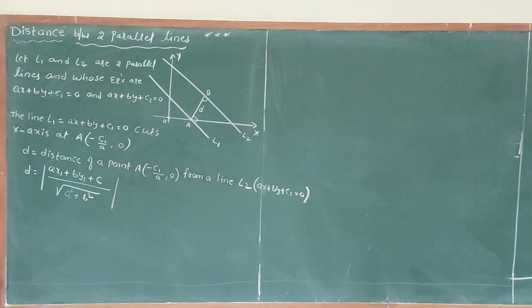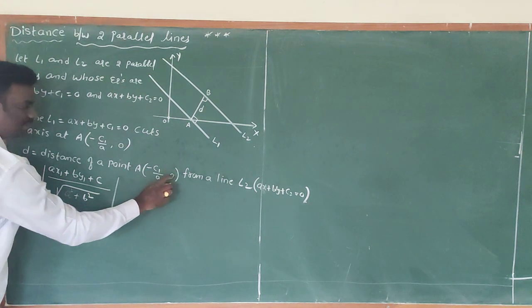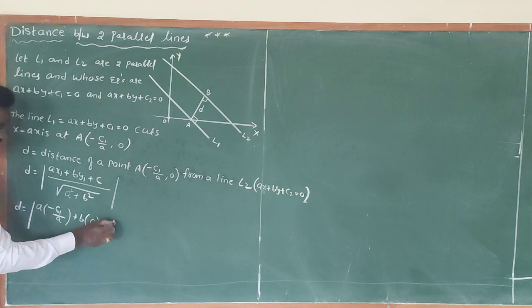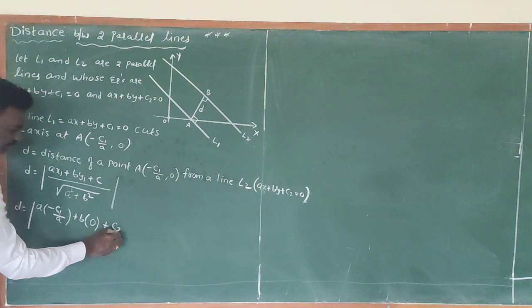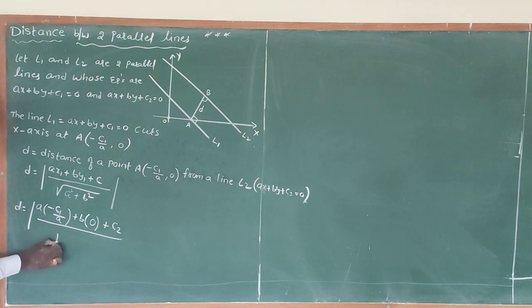Okay. Now D equals to A into x1 is how much? Minus C1 by A, plus B into y1 is nothing but 0. C means what here? C2, by under root of A square plus B square. Now here A gets cancelled.